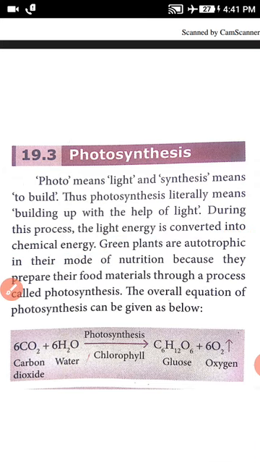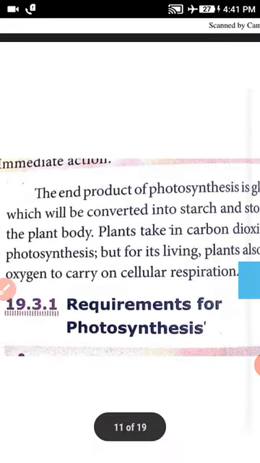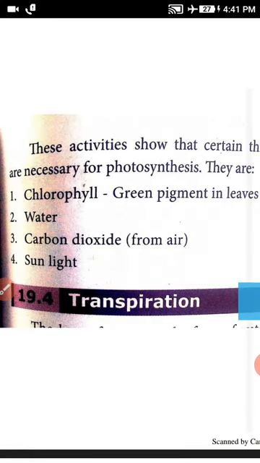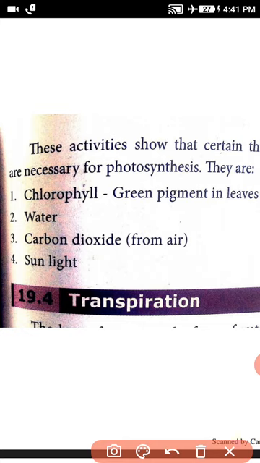Green plants are autotrophic in their mode of nutrition because they prepare food material through the process called photosynthesis. What are the raw materials plants use for photosynthesis? The first is chlorophyll and another is water. The third is carbon dioxide and the last is sunlight.